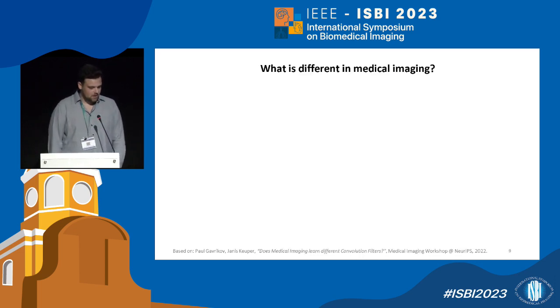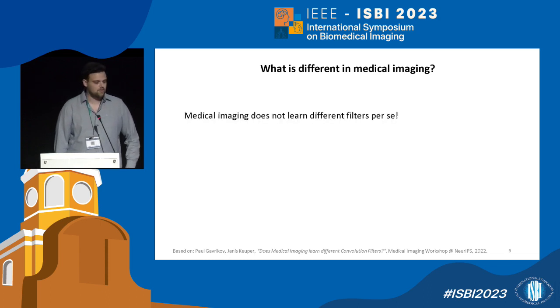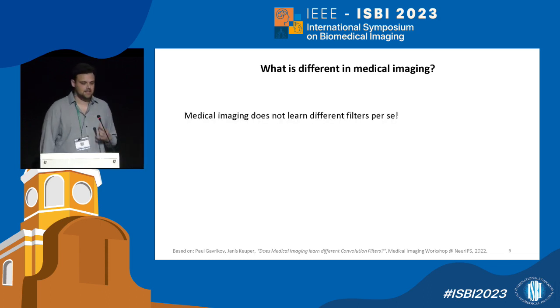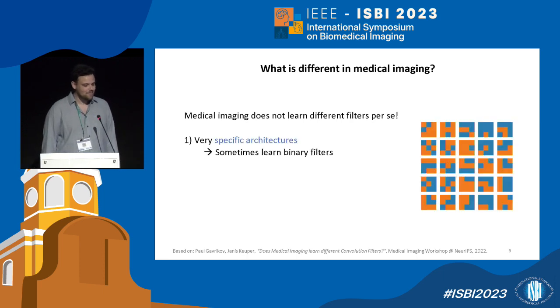So we actually tried to follow up on what the difference is in medical imaging. Why are these causing so many degenerated filters? The good news first is that medical imaging per se does not learn different filters. It was just related to our analysis, which was based on public models, so we had to take what we could get.